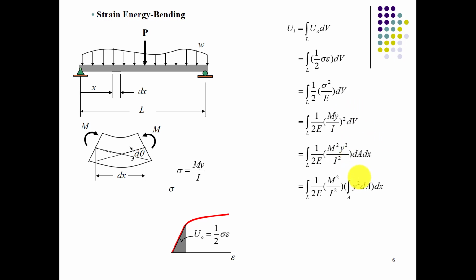So the limits are now changed. We can write this y square as the moment of area, which is the moment of inertia. So we can write it as M square into I over 2 EI square. So finally it can be written as M square over 2EI, with the limit from 0 to the total length of that beam. So this is the finalized equation.